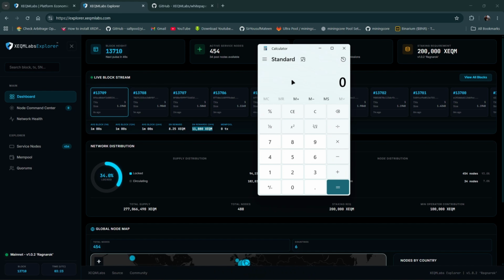So let's just calculate it for today. 11,880 divided by 454, so we have about 26.1 coins per day for each node, which is a service node run by holding or locking 200,000 XEQM. So basically you are buying 200,000 XEQM coins, and this project has a lot of potential and can go up very, very high.